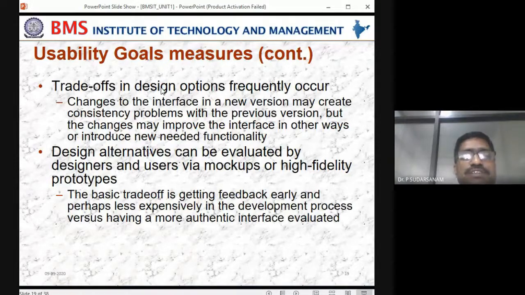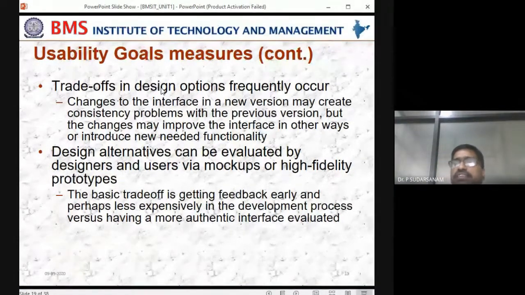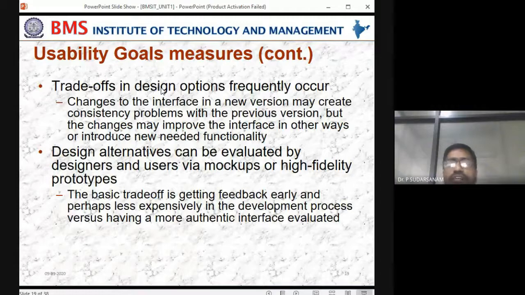That means whenever you are designing new versions, you already have the idea of what you did in older versions, any mistakes or previous experience. You can utilize it, rectify the errors, and go ahead with the new project.